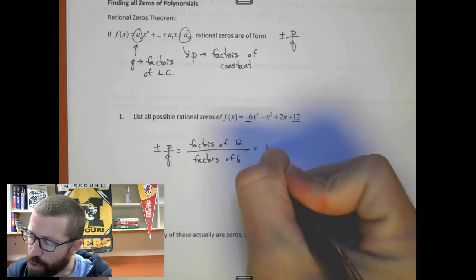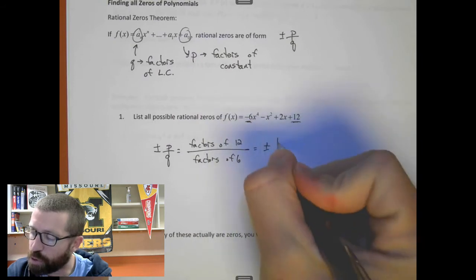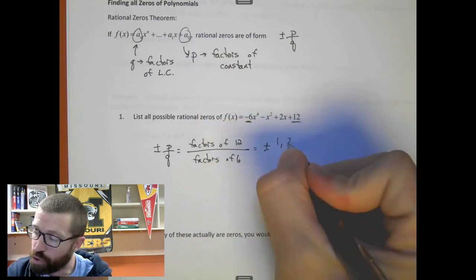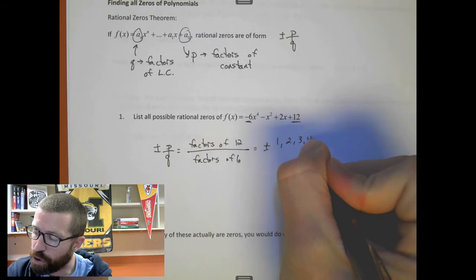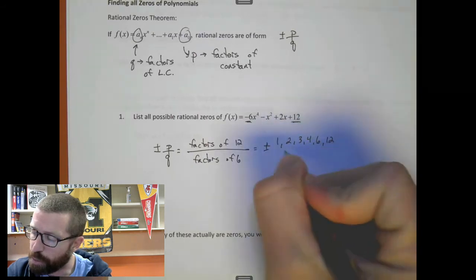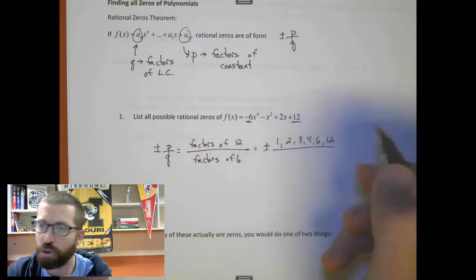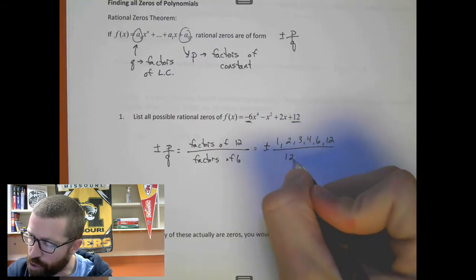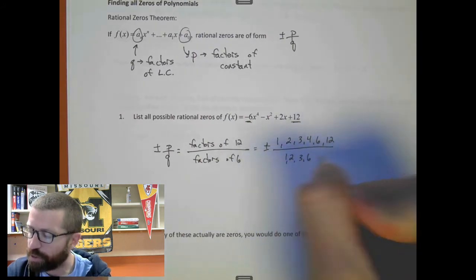So one way to write it out, we'll just keep this plus or minus, would be the factors of 12 are 1, 2, 3, 4, 6, and 12. So these are numbers that multiply into 12 or divide 12 evenly. And then we have 1, 2, 3, and 6.